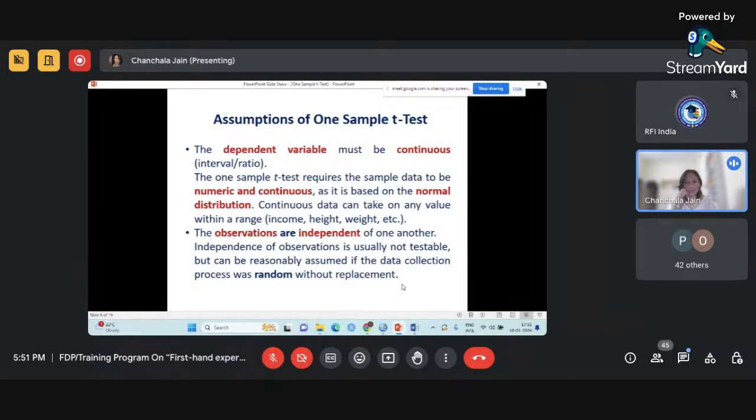Here there is no rule of independent variable, because we are talking about a one sample t-test, and as the name itself is saying, one sample, we will have a single variable available with us. Say for example, weight of the students, or the scores of the students, or maybe the GDP of a country, right? That way we will have a single variable with us.